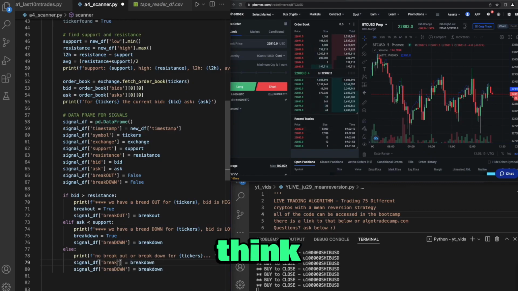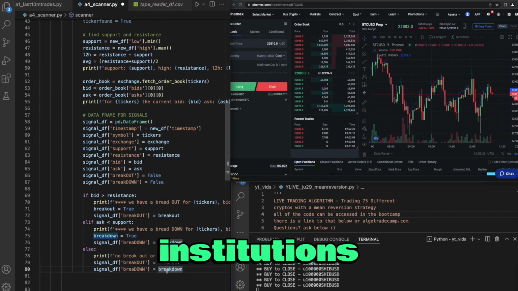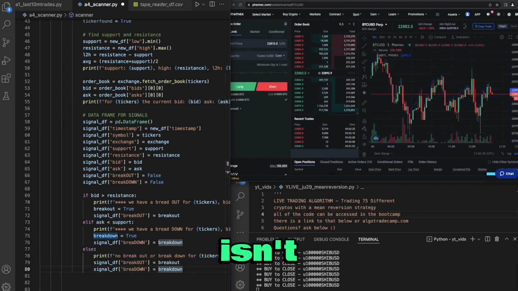And the reason I think more people should algo trade is because it's what all the hedge funds and the banks are doing. So if institutions are doing it, why isn't retail? I don't know. Okay, so that's pretty much it.